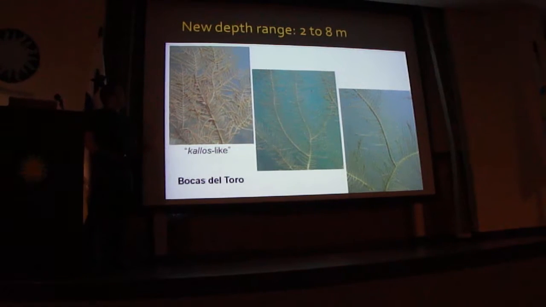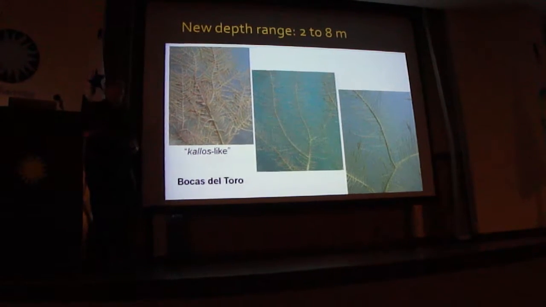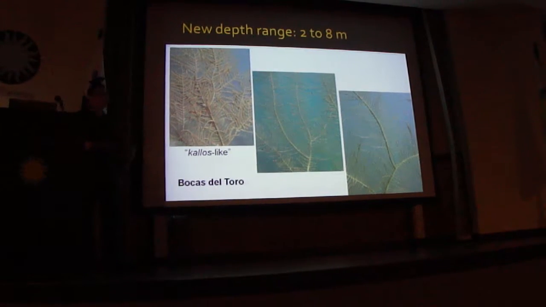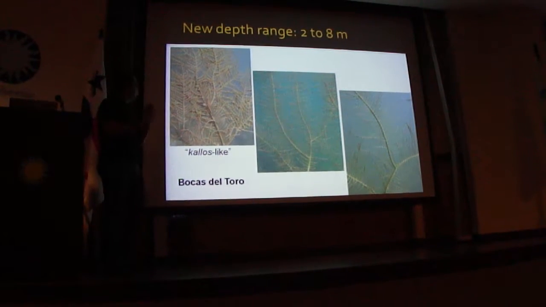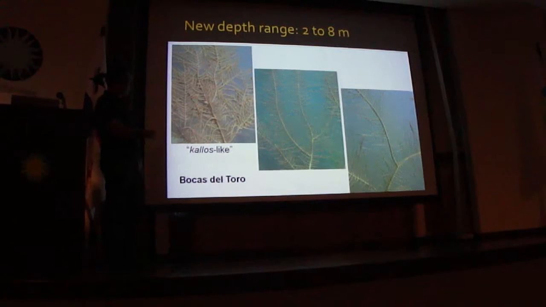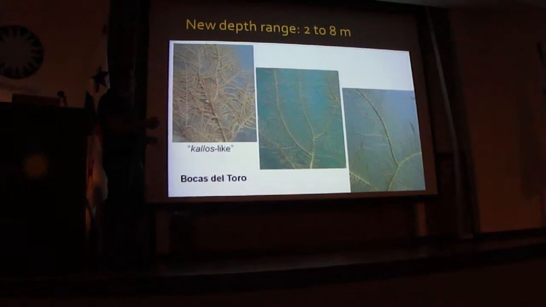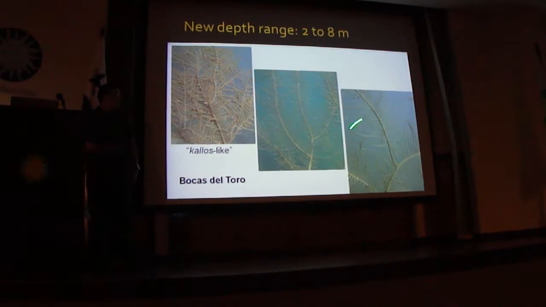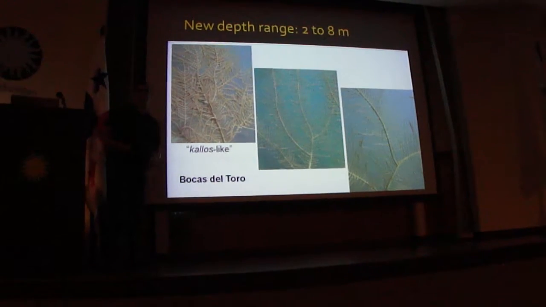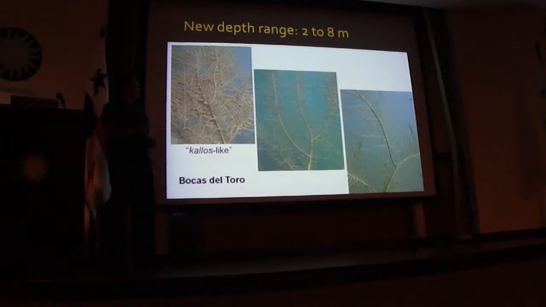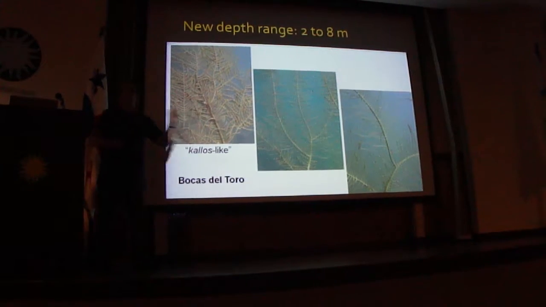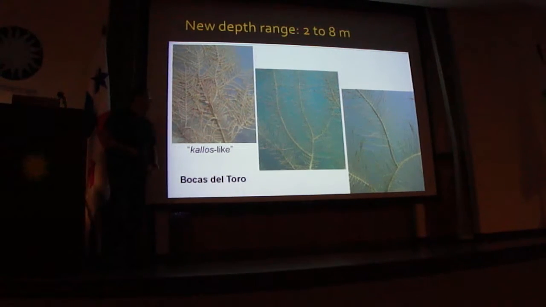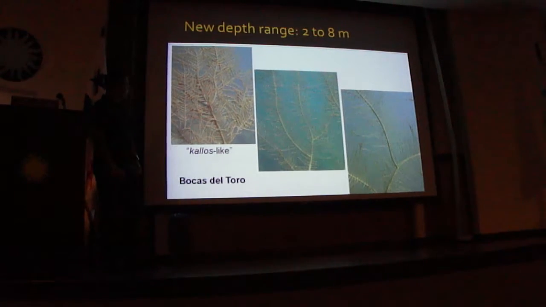So I have a new challenge, because in Bocas del Toro, the other population I'm working with, you have the same response, the same Kalos and deep water ones, but only with a 6 meter difference. It turns out that the light attenuation in Bocas del Toro is actually higher at 8 meters than at 45 meters in Carrie Bow Cay, because the water is a very siliciclastic type of reef.